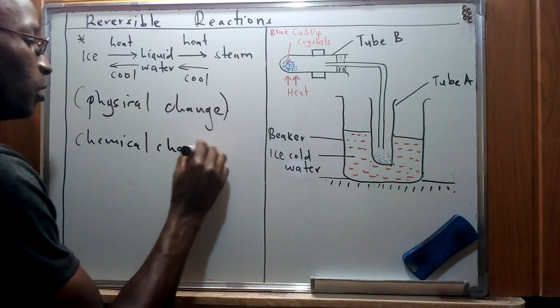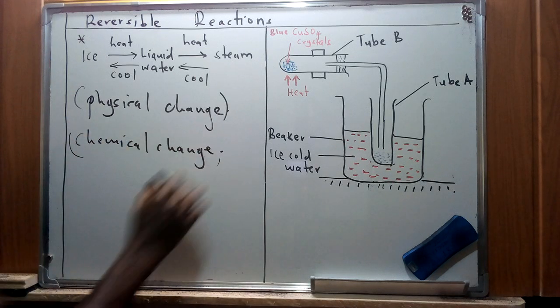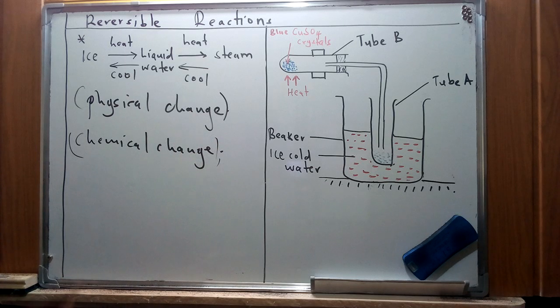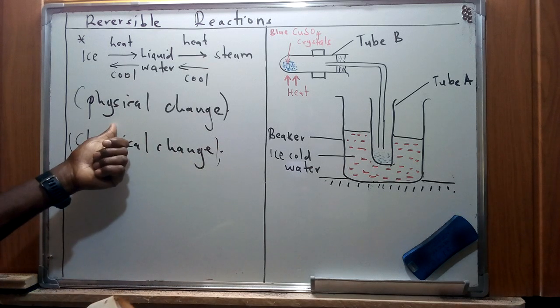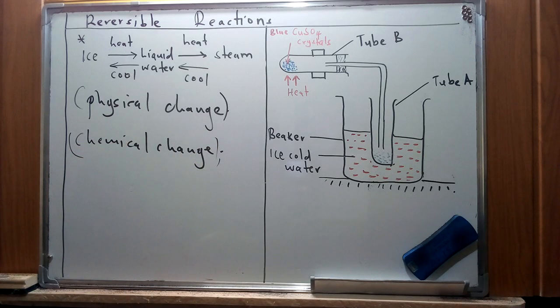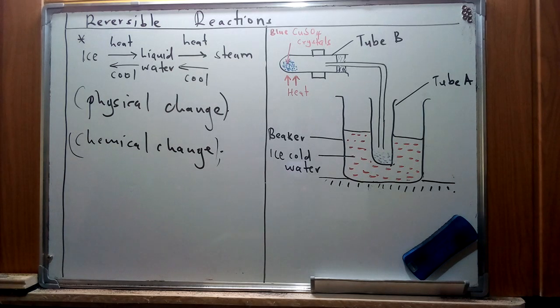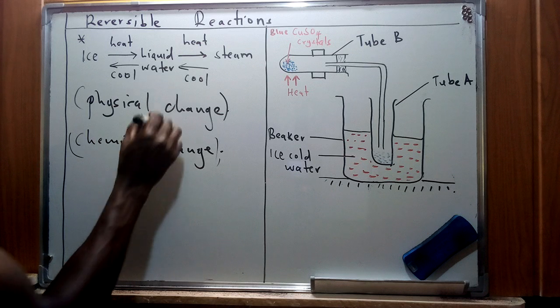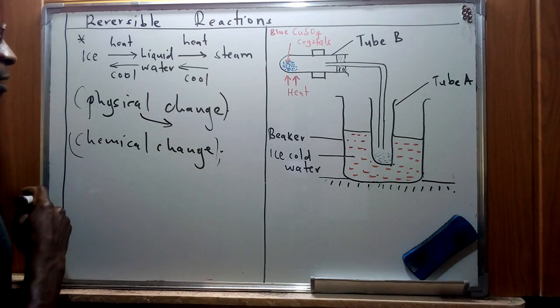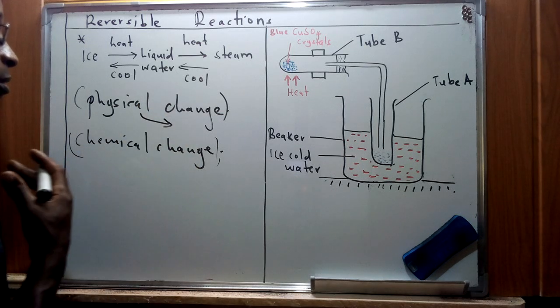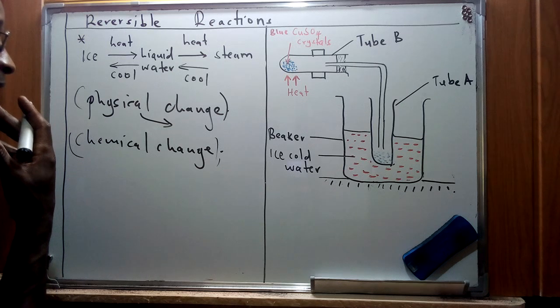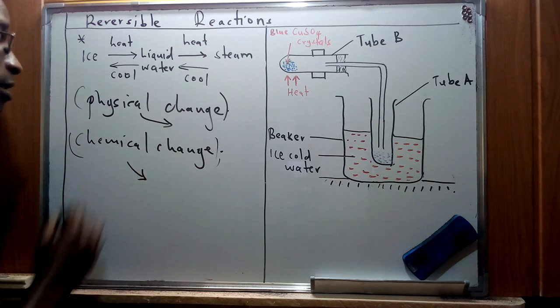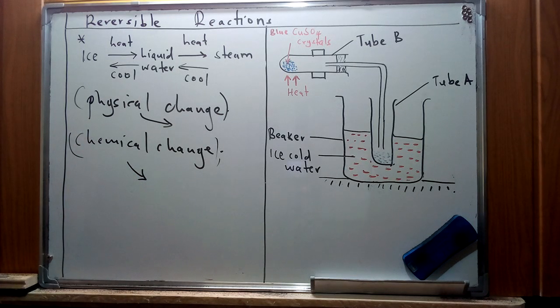And the difference between the two is basically that for a physical change, the matter changes from one form to another, but its chemical properties do not change. And for a chemical change, there is a change that results in the formation of a new product.